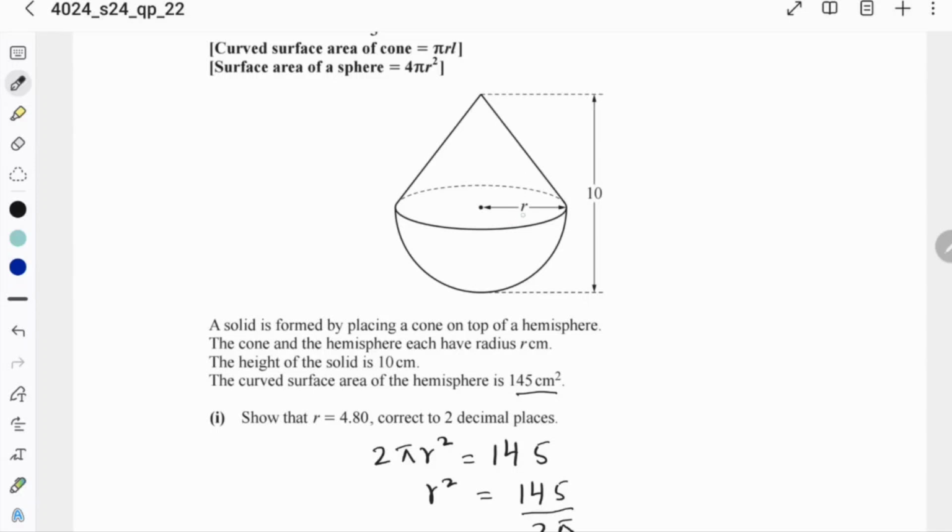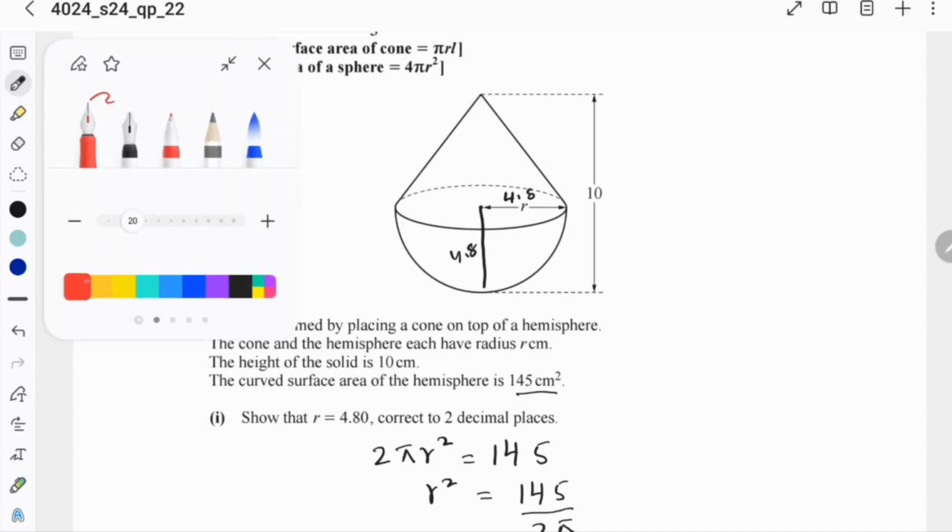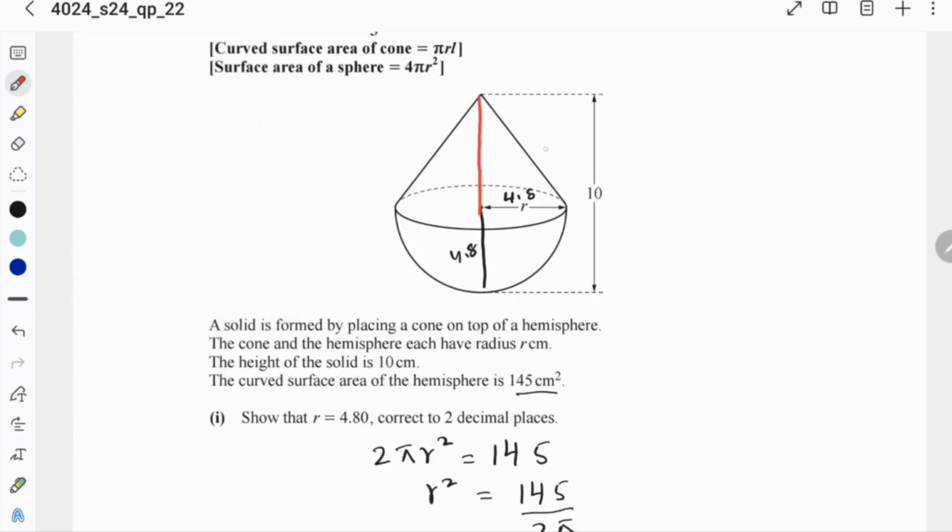Here we know that the radius is 4.8, because it's part of the hemisphere, and 10 is the total height of the hemisphere together with the cone. So the height of the cone equals 10 minus 4.8, which is 5.2 centimeters.